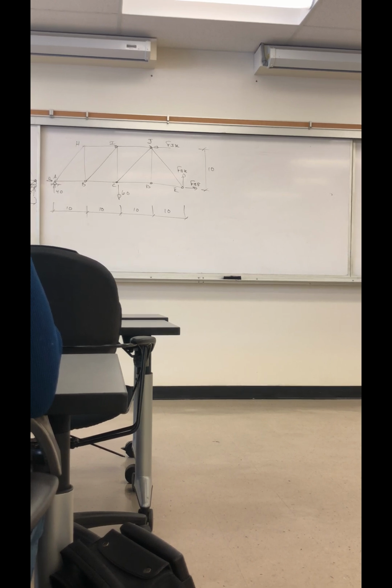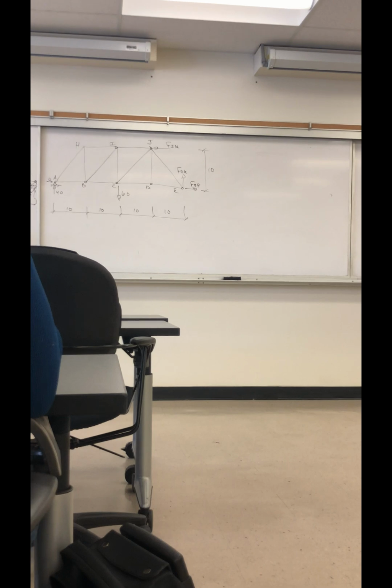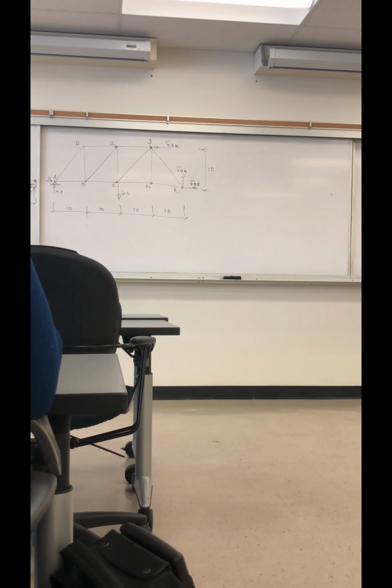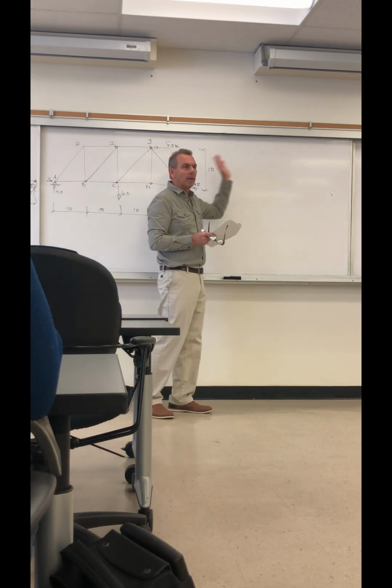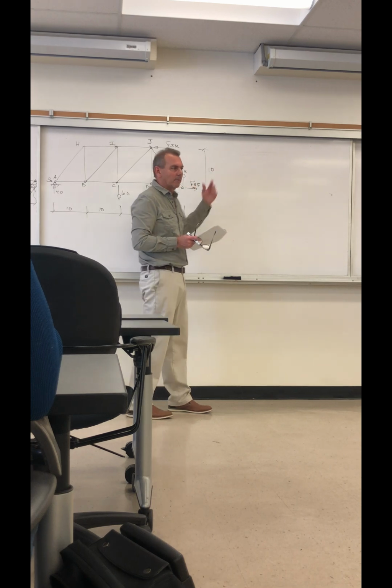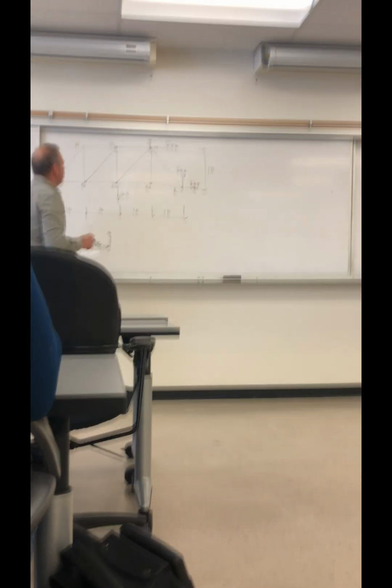There's a compression force indicated there, cutting through the vertical member EK, so that's F of EK there, and the horizontal member F of EF. And again, those three forces represent the balance of the forces for the remainder of the structure. So it's static.